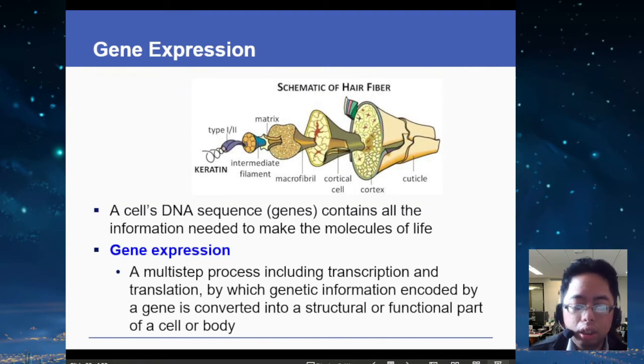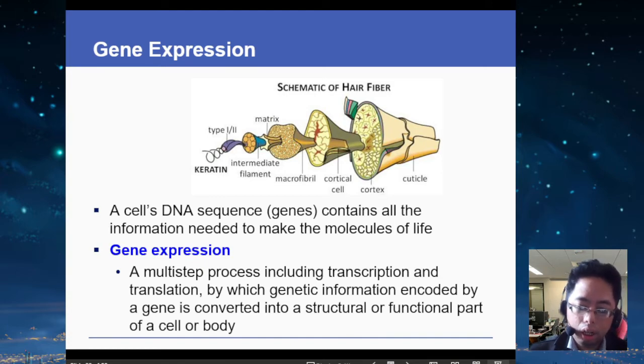Gene expression, as you can see here, is how the information within the DNA is turned into a product. You read a recipe, you make something from that. So it actually takes a multi-step process: transcription, translation.